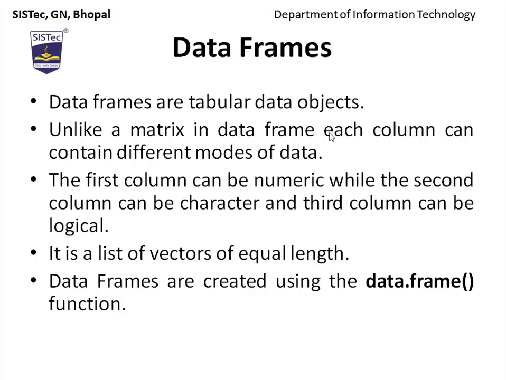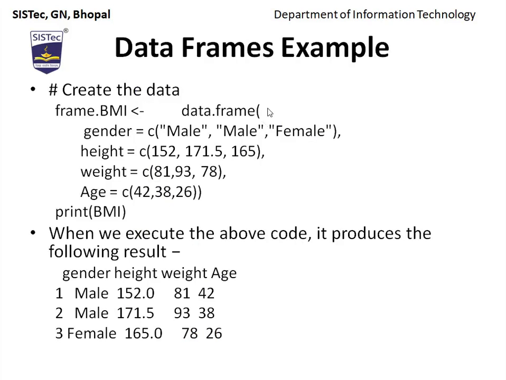see by example. So I create a data frame, frame.bmi. In this, I define a data frame where gender is male, male, female, height is respectively 152, 171, and so on. Similarly, I add weight and age.